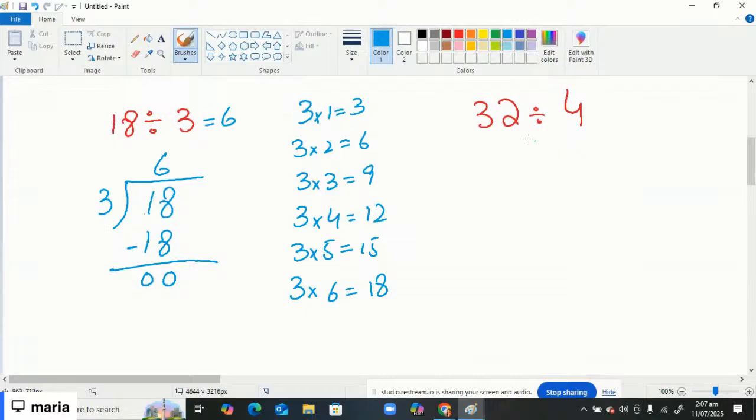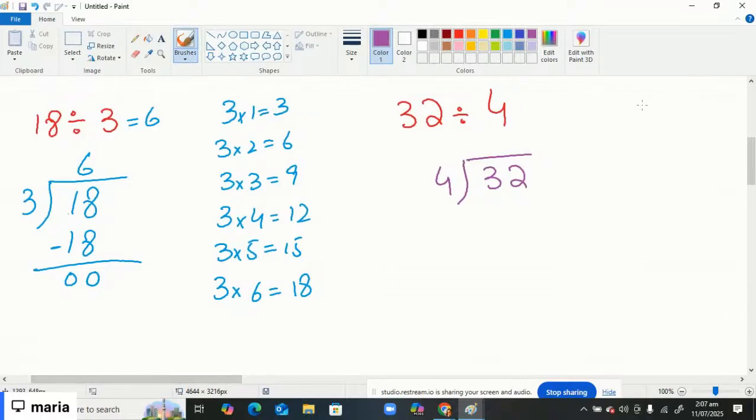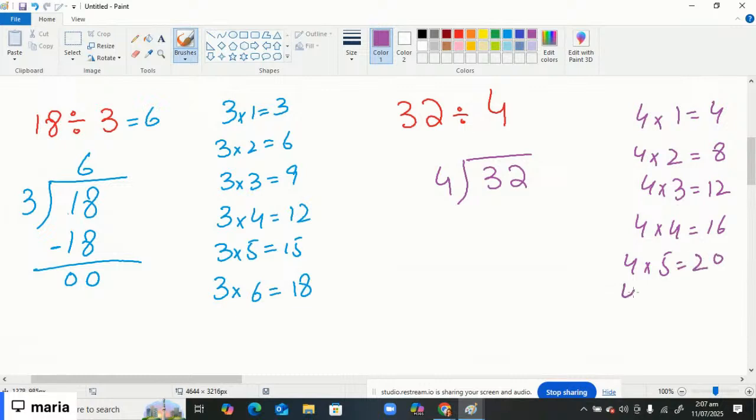Now let me write 32 and then 4. So putting 32 inside, 4 outside. Let's write the table of 4. 4 times 1 is 4, then 8, 12, then 16, 4 times 7 is 28, 4 times 8 is 32.